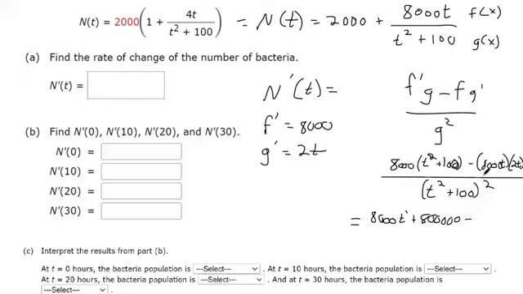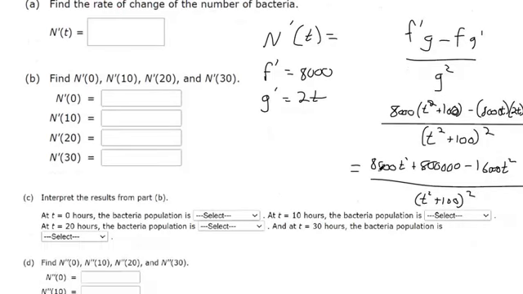And then over here, this is 8,000 t times 2, so that's 16,000 t squared. And that's all over, we'll keep this factored for now, t squared plus 100 squared. So we can combine these like terms, subtract those, that makes negative 8,000 t squared plus 800,000. That's all over t squared plus 100 squared.